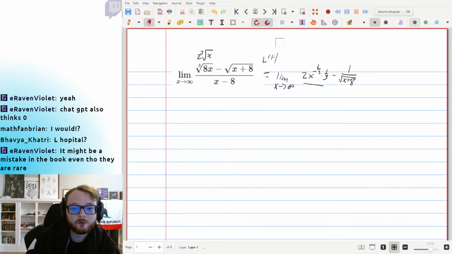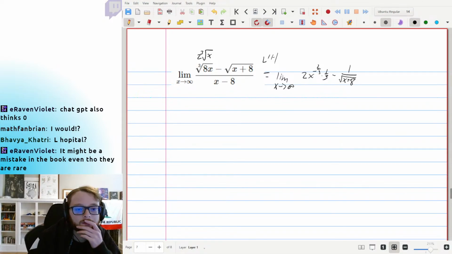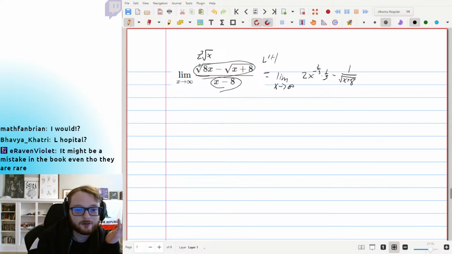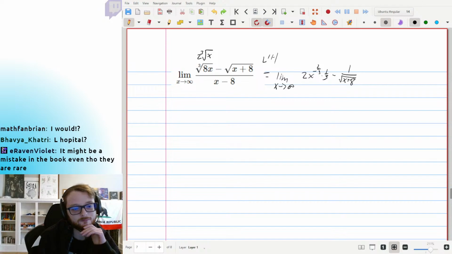Might be a mistake in the book, even though they're rare. I'm just thinking the linear term on the bottom should be whatever the best power of x it has is, a half. And I'm still getting 0 from this.